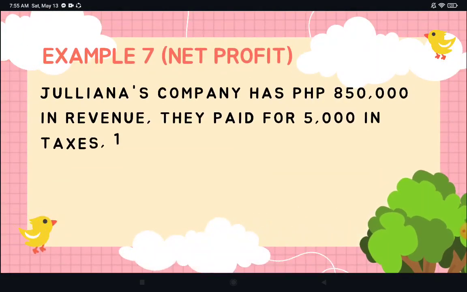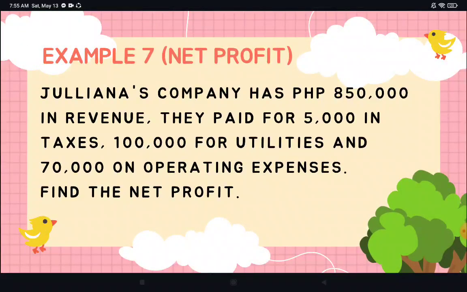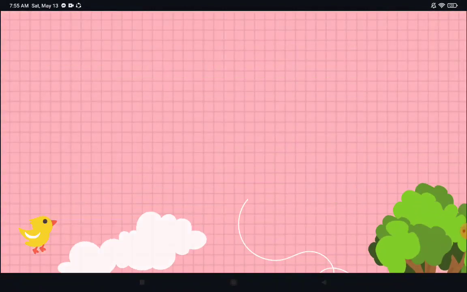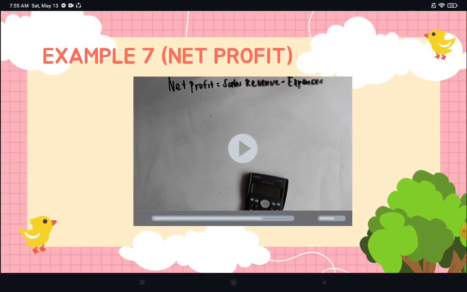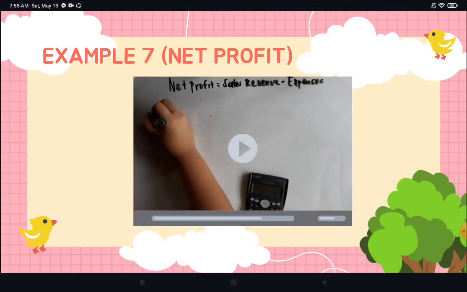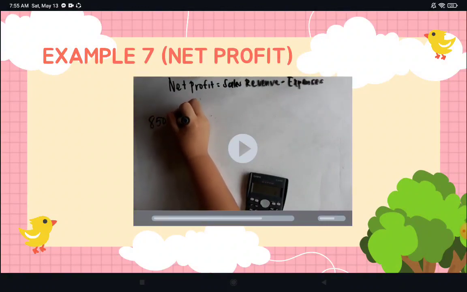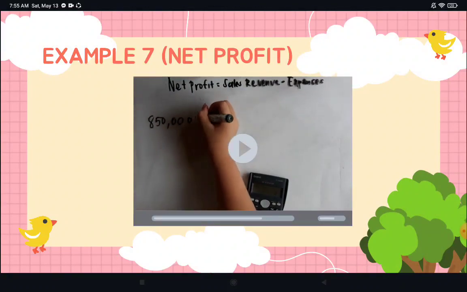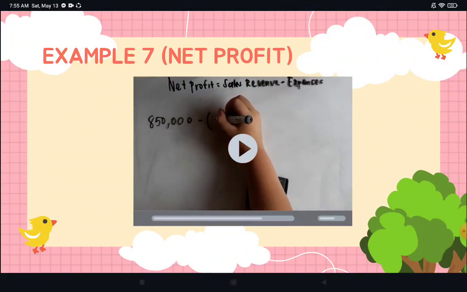So, example number 1, Juliana's company has 850,000 in revenue. They paid 5,000 in taxes, 100,000 for utilities, and 70,000 on operating expenses. Find the net profit. So, these are the solutions. Net profit equals sales revenue minus expenses. Ilalagay na natin dito yung sales revenue ng company ni Juliana minus lahat ng expenses na nabanggit kanina.